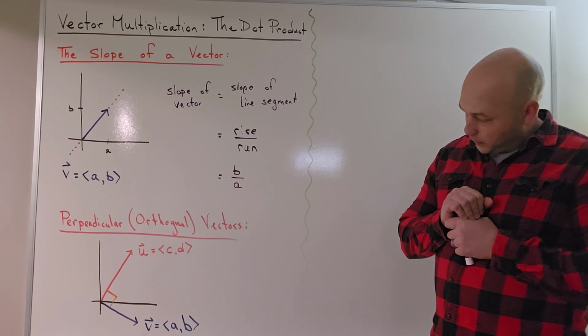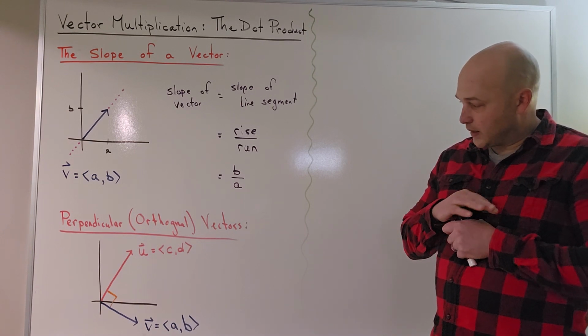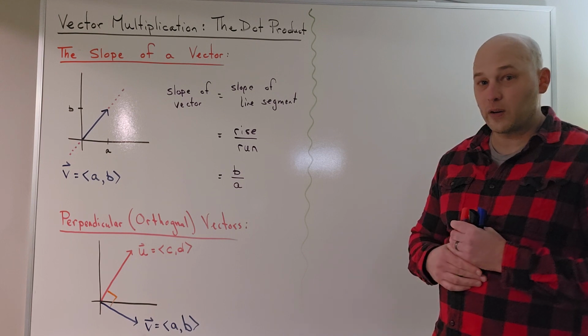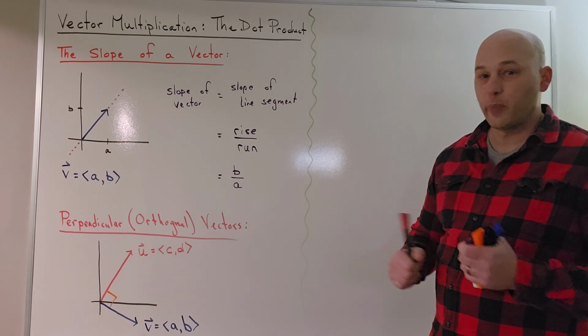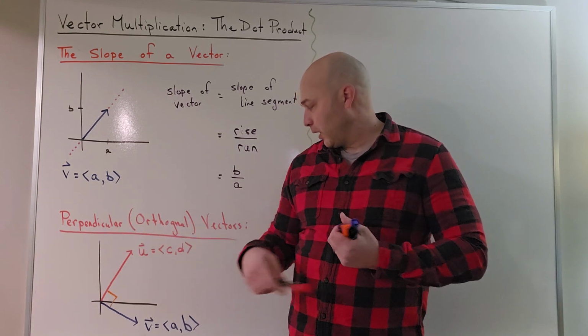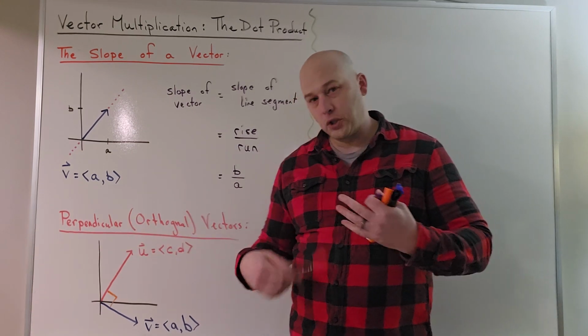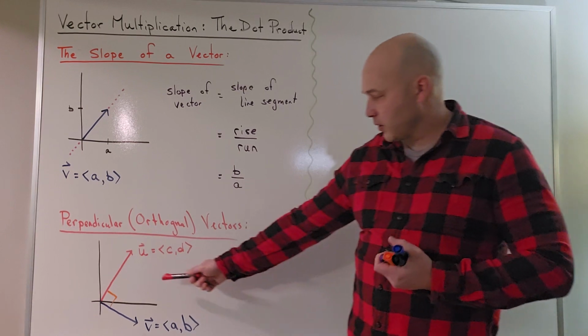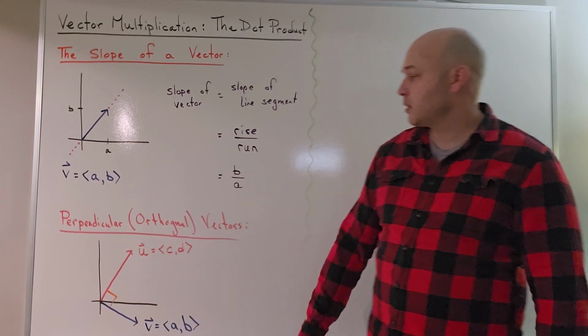Now, if I'm able to compute the slope of vectors, what I can then do is determine if two vectors were orthogonal, in other words, perpendicular. Just a side note, perpendicular and orthogonal are usually interchanged when I'm talking about vectors in 2 dimensions or even 3 dimensions.